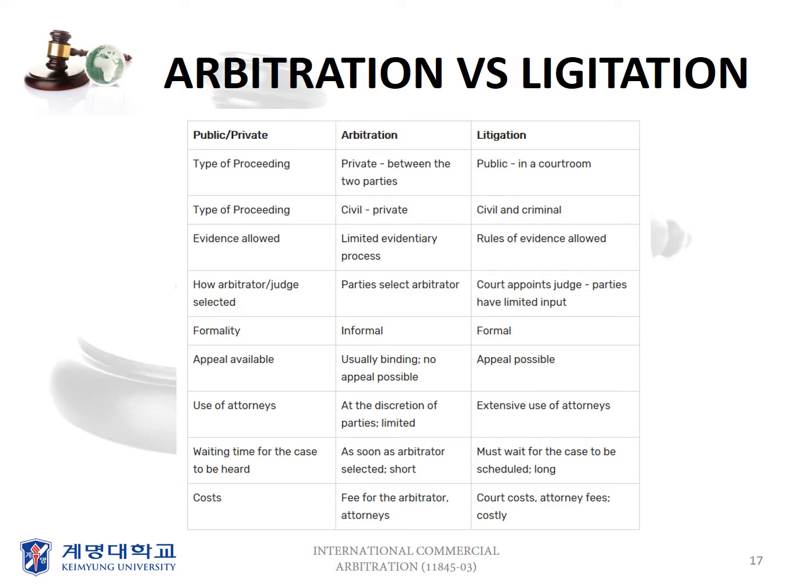So here you could see some of the differences between arbitration and litigation. For arbitration, the proceeding is private. Only the complainant and the complainee, both parties, should be present during the proceeding.